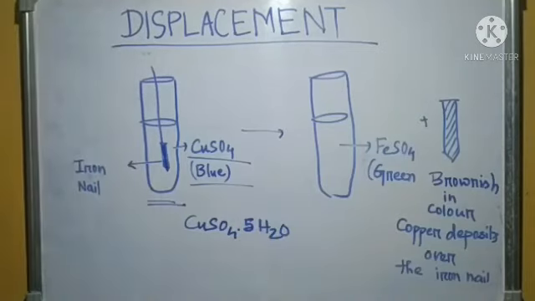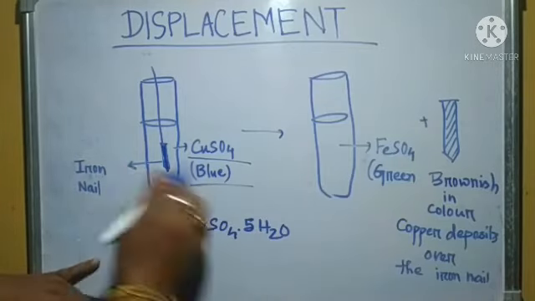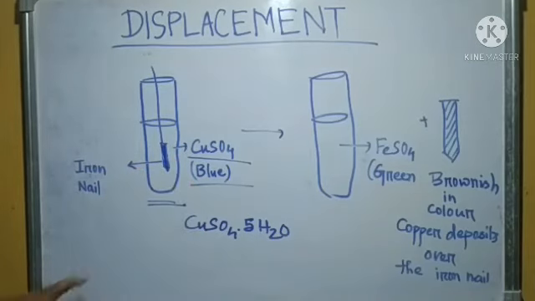When we make a solution by dissolving the crystals of copper sulfate pentahydrate in water, we get a blue colored solution. Up to this, very easy.